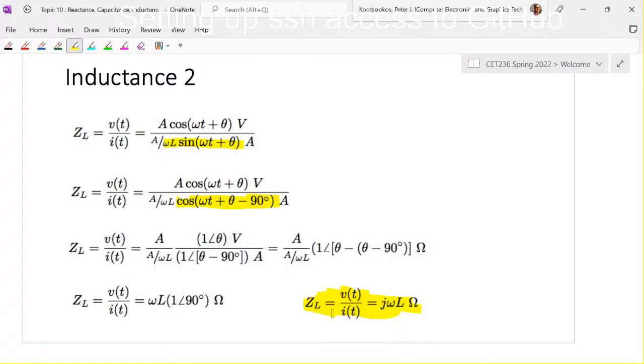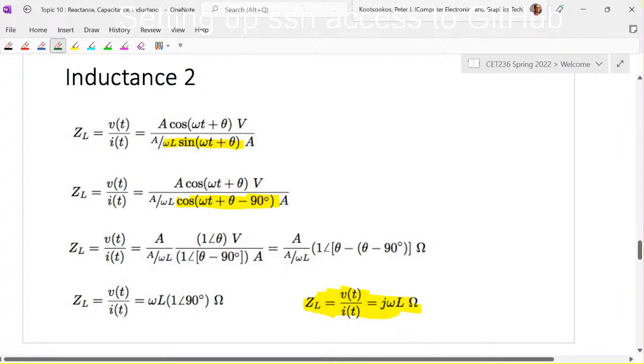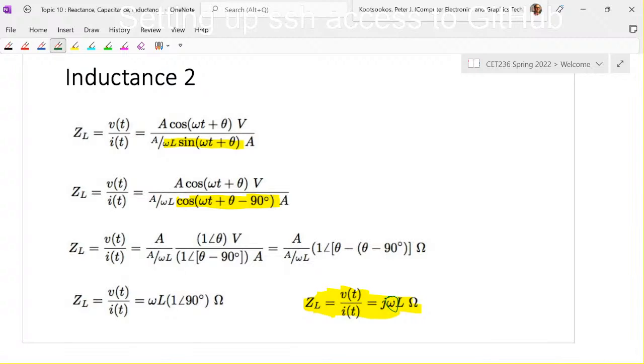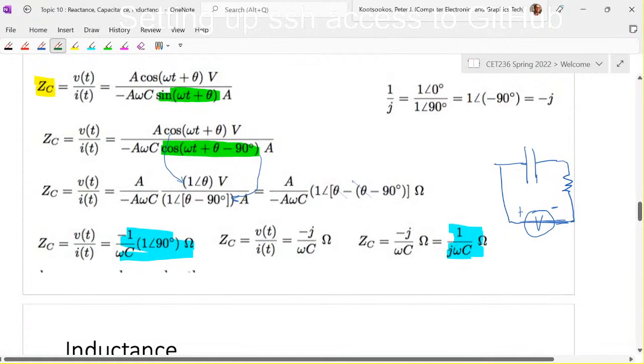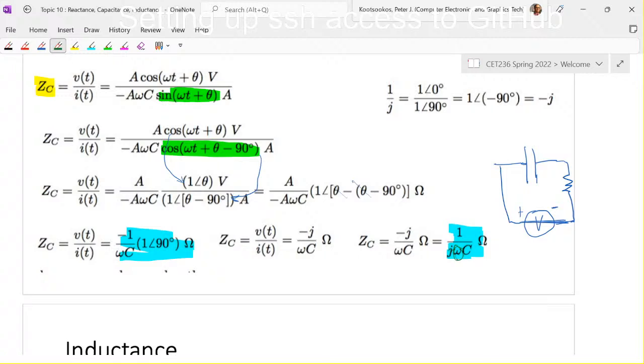Notice if you've got DC, omega is 0, so the impedance is 0. Notice back here, if omega is 0, the impedance is infinite, because it's just a gap, which is what you'd expect.